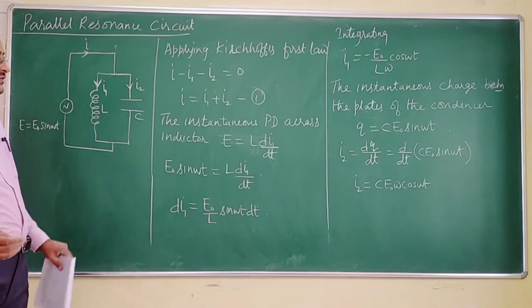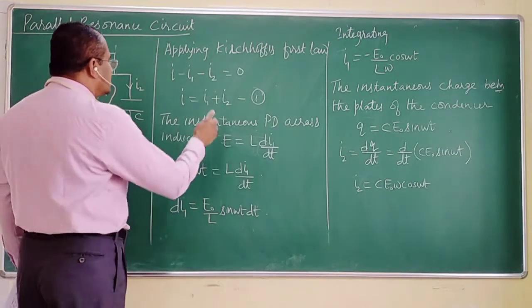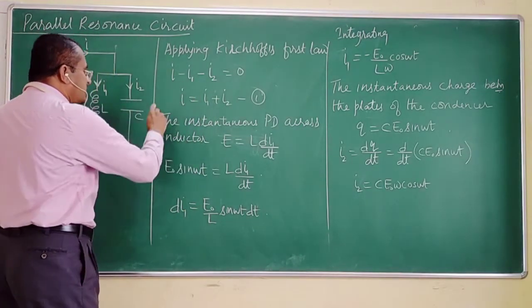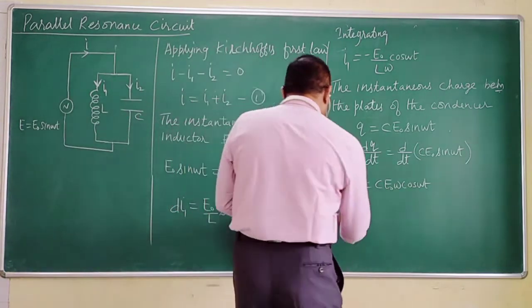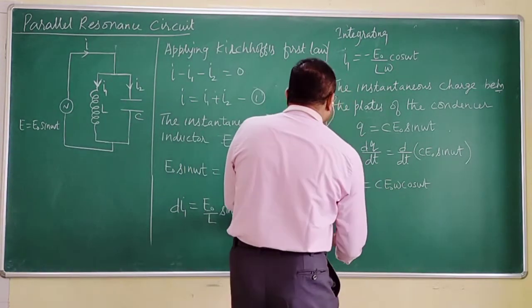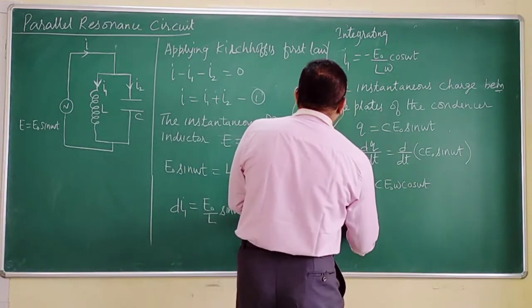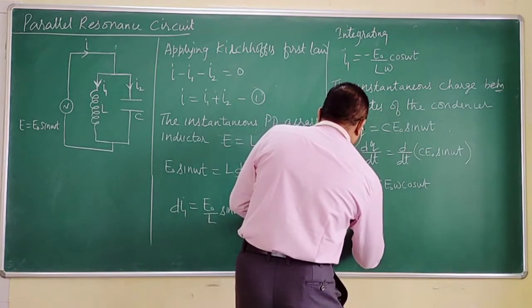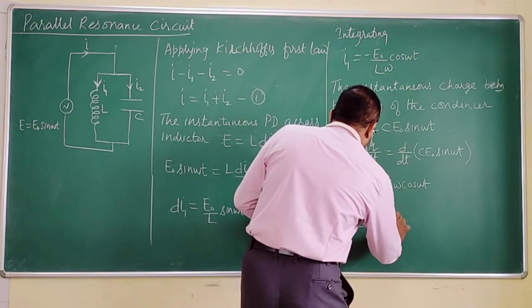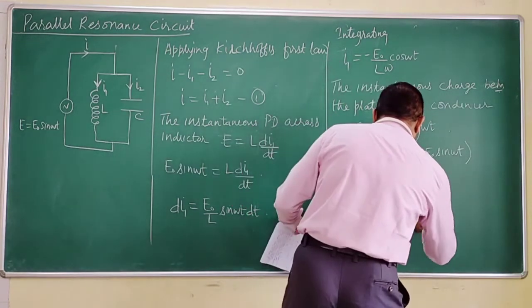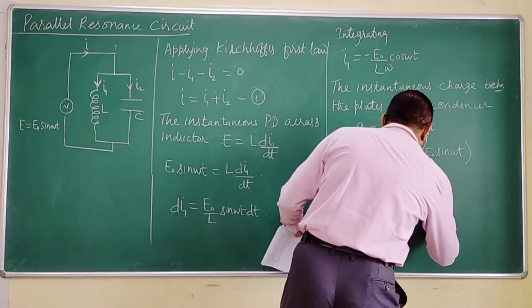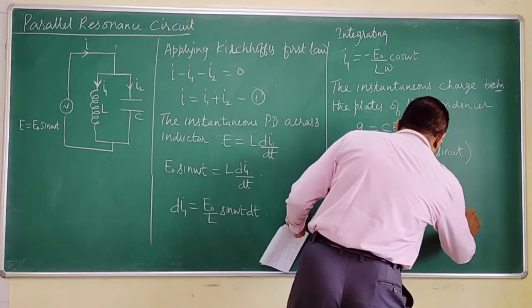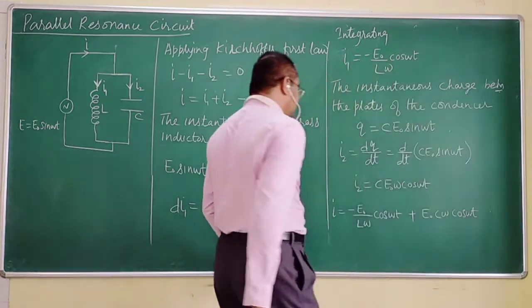With these values of I1 and I2, let us substitute in equation 1. My equation 1 will take the form I is equal to, in place of I1, minus E naught upon L omega cos omega t, plus E naught C omega cos omega t.